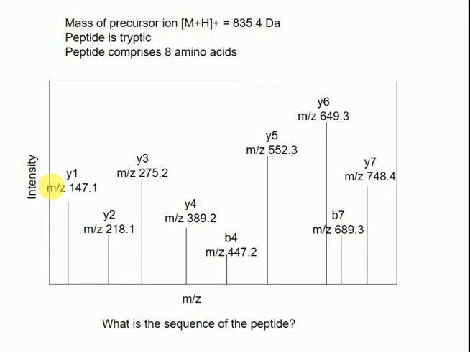Okay, and then we keep going. Now we're at Y5. So what have we got here? Here, just subtract Y4 from Y5, which will give you the next residue.